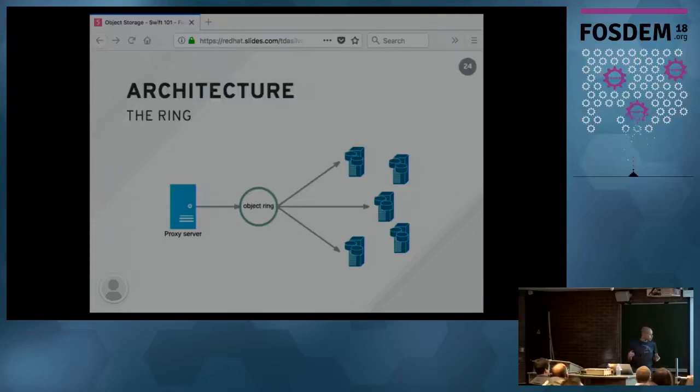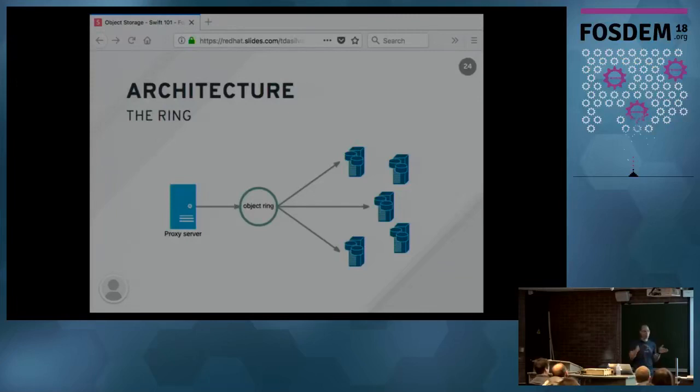You produce the ring as an operator when you're deploying your cluster. And the way it's used is when an object request comes in, or an account or container request comes in, the proxy is going to hash the name of the object, that unique ID, the URL.